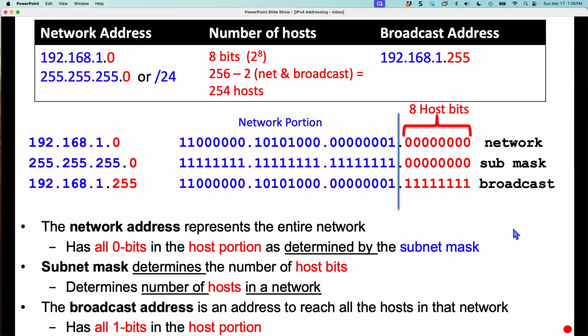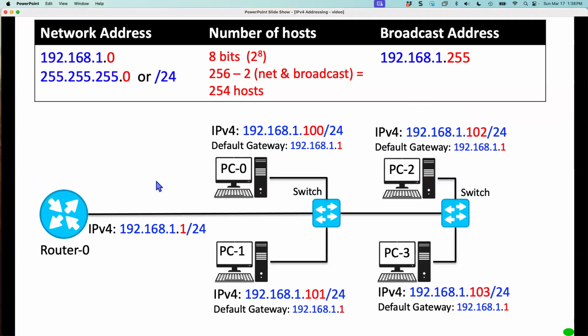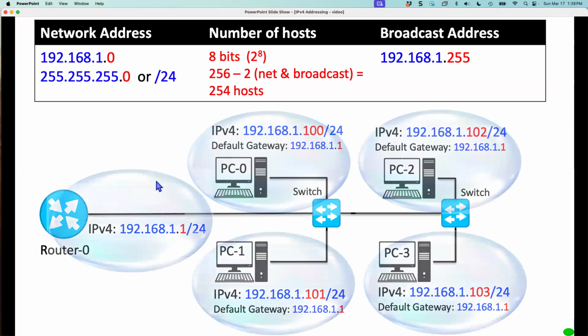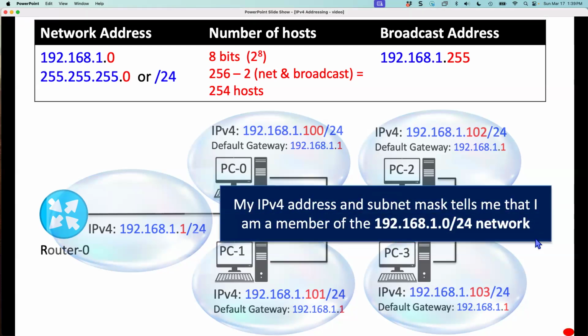So remember, devices live in a bubble. They don't see what we're seeing here. They only know their own addressing. They know that they can reach any devices that are in the same network as themselves, but they don't really see each other. All they know is that their IPv4 address and subnet mask tells them that they are a member of the 192.168.1.0/24 network.